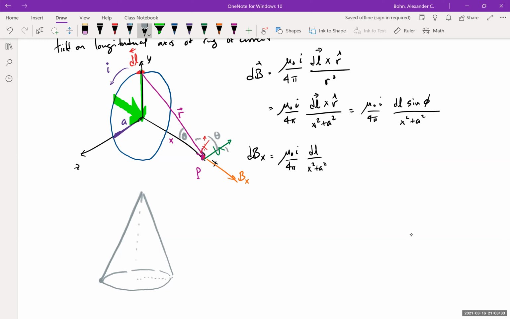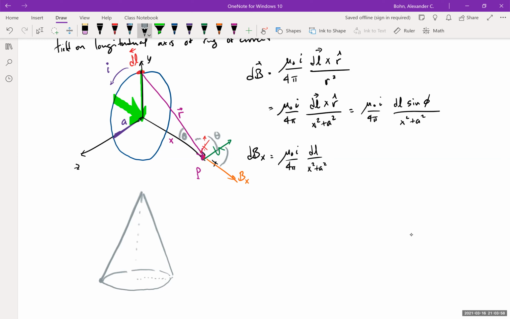So this angle from the magnetic field hypotenuse to the horizontal component, that's the angle that I want to take the cosine of. Isn't the angle that I picked.